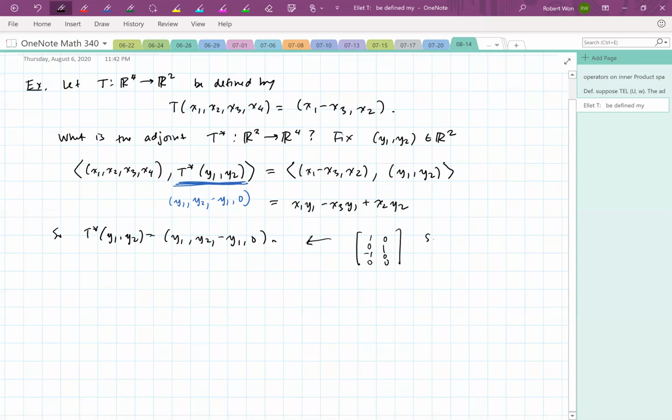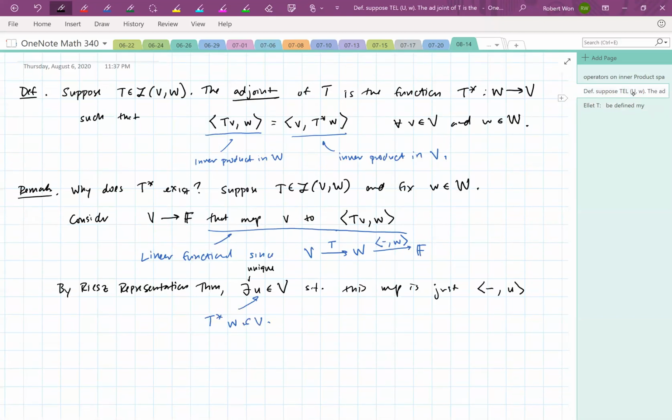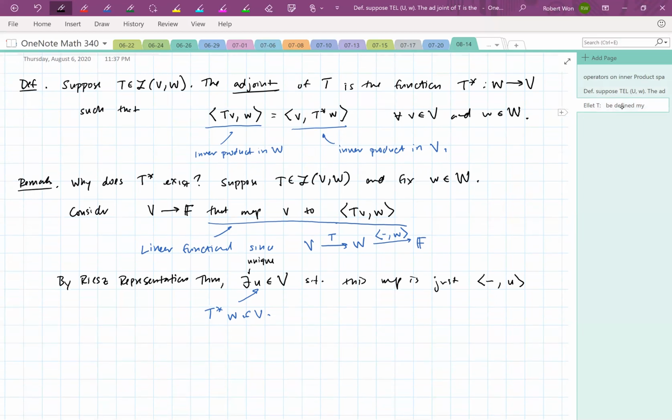So this is a linear map. Notice that by definition, the adjoint is just a function. It's not that clear that it should be linear, but it is in fact always linear. So it's a result that the adjoint of a linear map is a linear map.